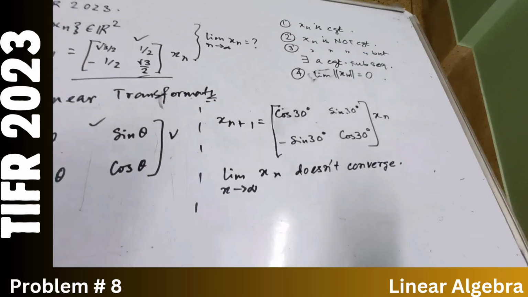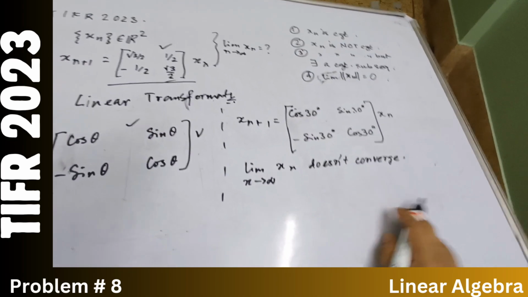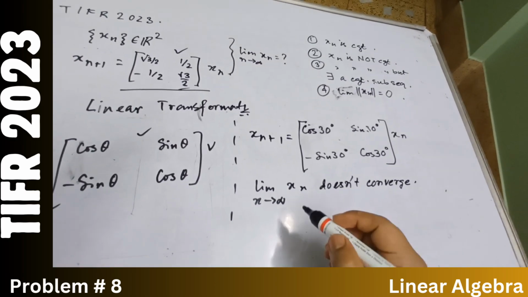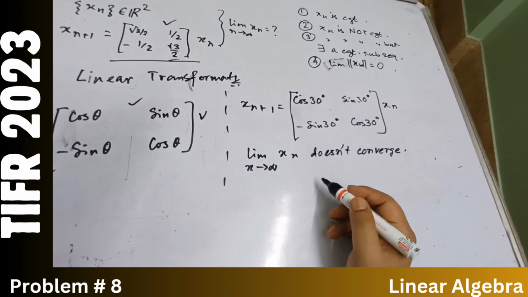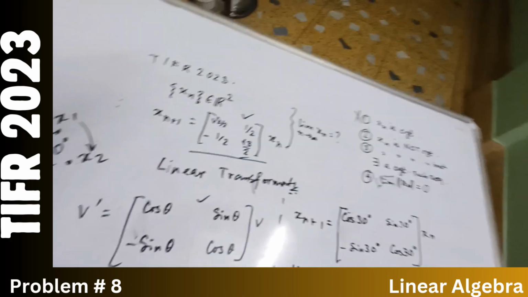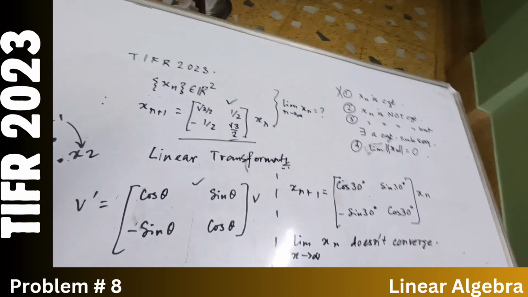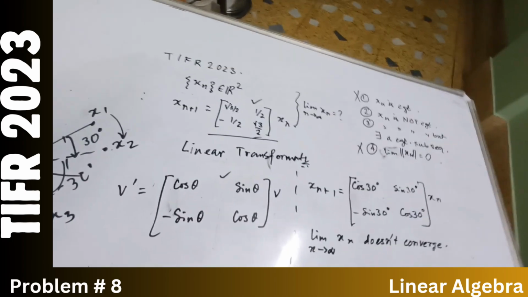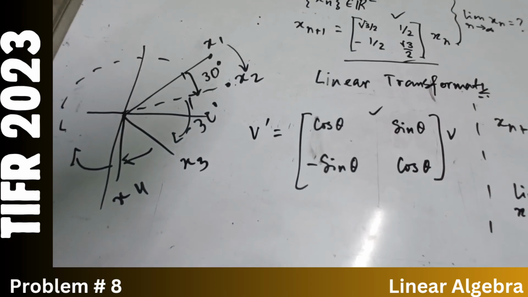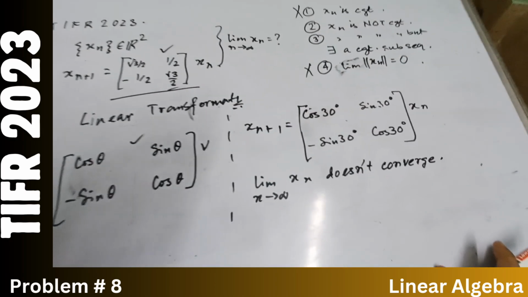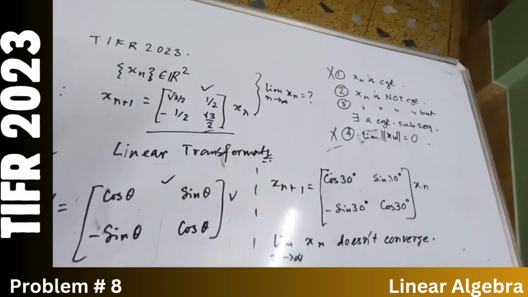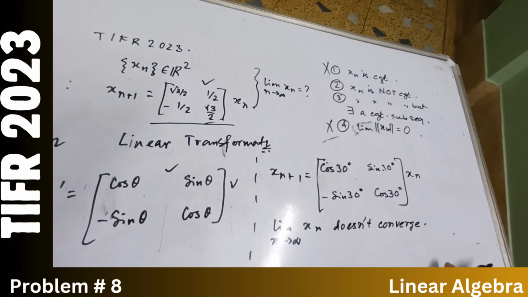So the limit of xn does not converge because it's an endless rotation. Now we can easily disqualify option one, and we will also disqualify option four, because x can be any vector, and it is not necessary for an endless rotation that the length of the vector has to be 0. So number four is also cancelled. Now we only have number 2 and 3.